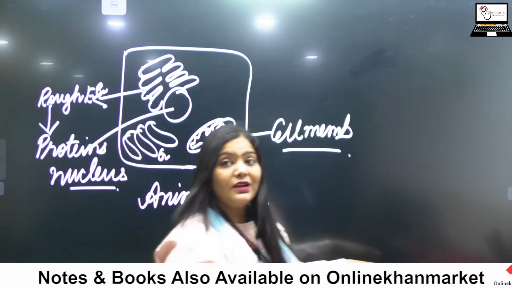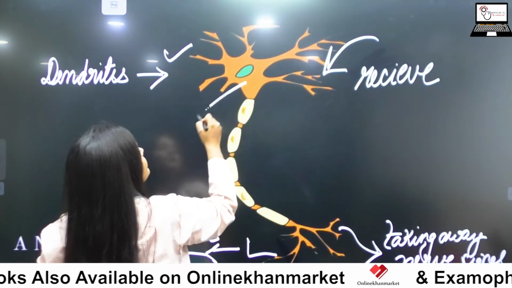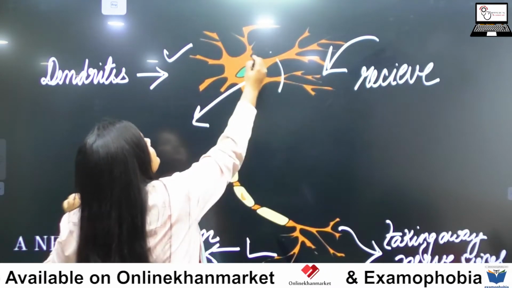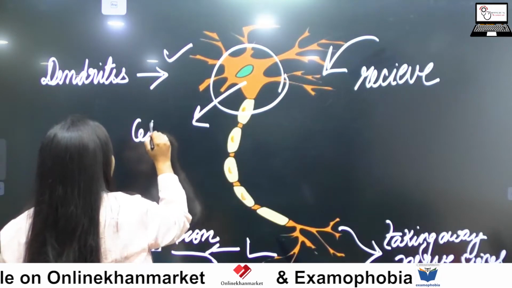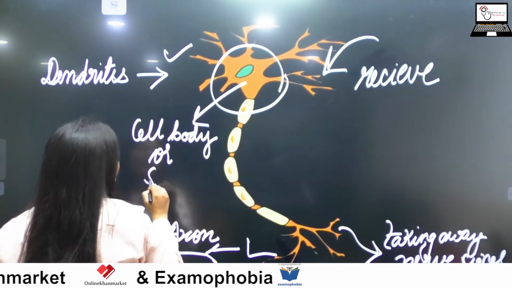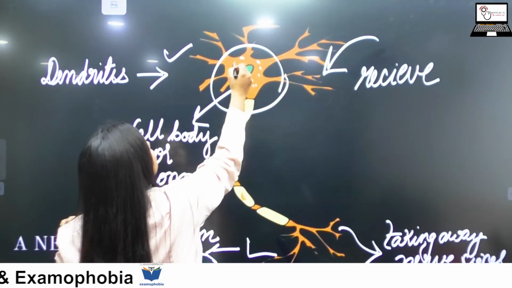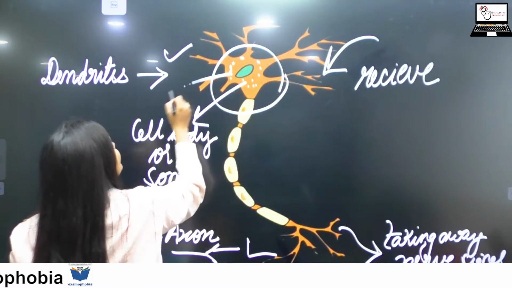So, now come back to the neurons. Here also, this part of the neuron is called the cell body or soma or perikaryon. This cell body consists of granular cytoplasm.